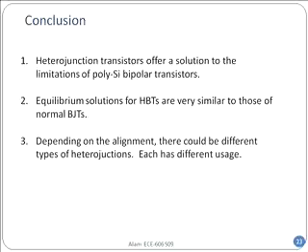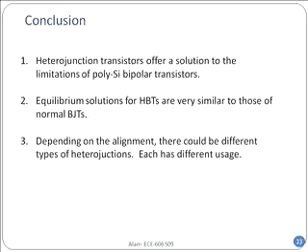Now, as I said, there are 3 different types of heterojunctions. The first one is type 1, where the larger band gap material completely nestles the smaller band gap material. The other one is staggered, where the valence band is out of alignment, but the conduction band is still inside, but it could go the other way also. Valence bands could be inside, and the conduction band could go outside.